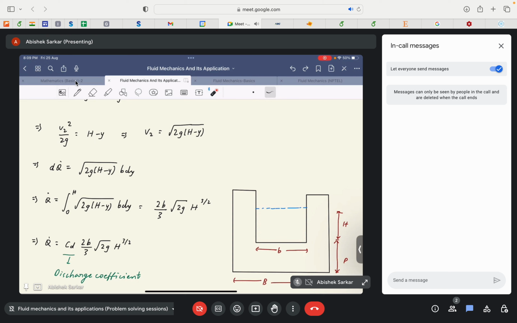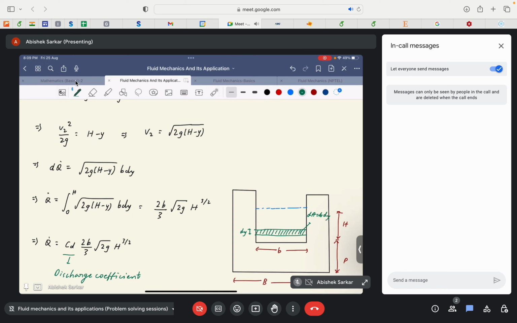So here we take an elemental area, where the area of this elemental area would be equal to b dy. So if we take it as dy, the area of this elemental area dA will be equal to b dy.